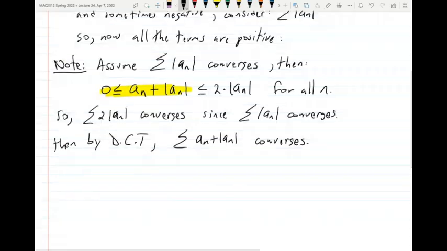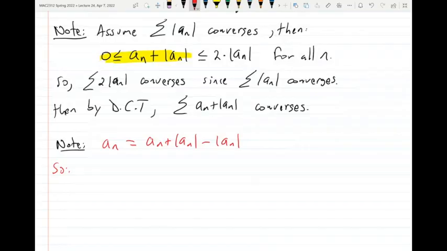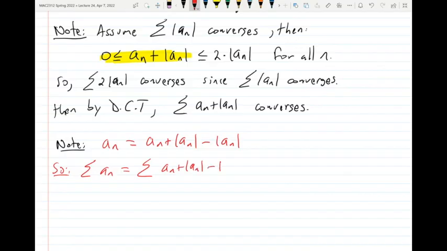Now here's the other trick. Note, this is a nice trick. AN, we can write it as AN plus absolute value of AN minus absolute value of AN. Yes or no? Yes? Okay, so the series AN is the same as the series of AN plus absolute value minus this guy, right?